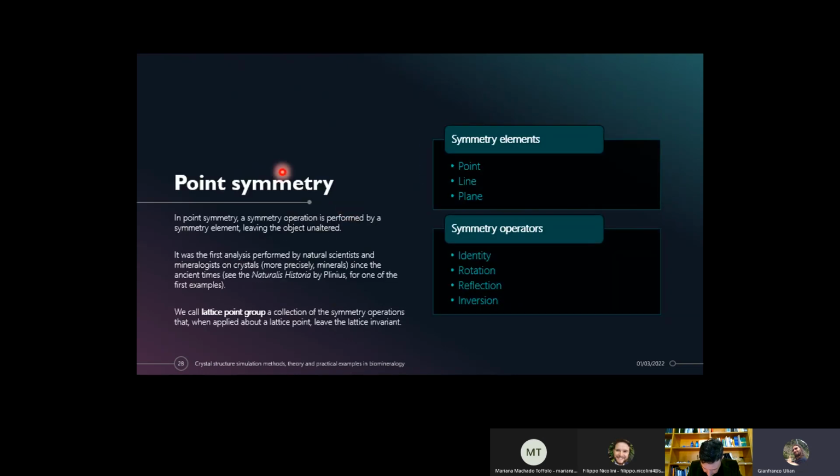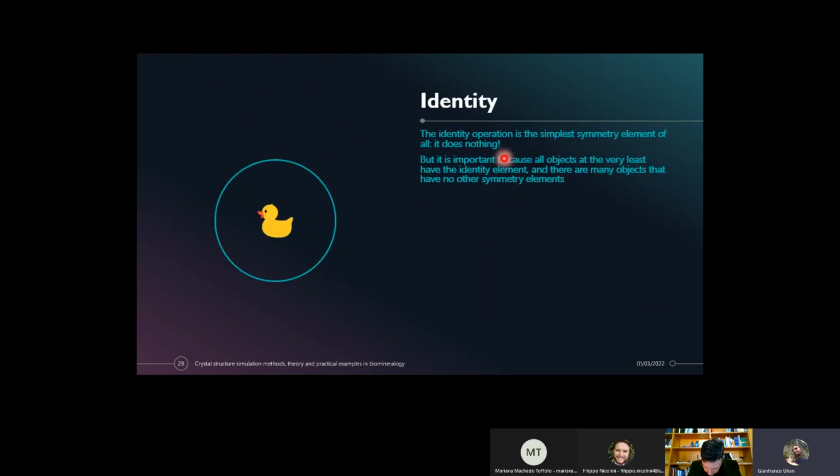The point symmetry considers the symmetry elements that are points, lines, and planes, and the symmetry operators that can be as simple as the identity, rotation, reflection, and inversion, applied on the symmetry elements. So this makes the symmetry.